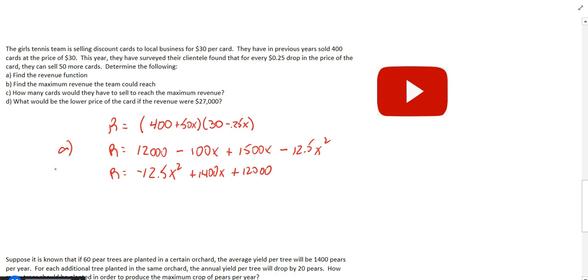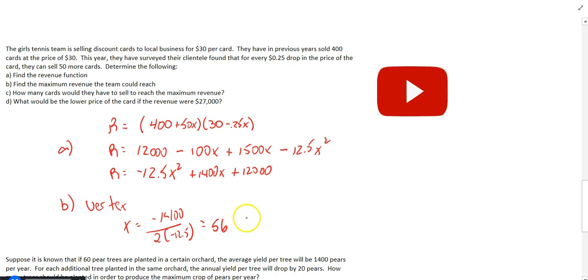Letter B says find the maximum. Well, a maximum is the vertex, so I need to find the vertex. So x is going to equal negative 1400 divided by 2 times negative 12.5. I'm going to reach for my calculator. Negative 1400 divided by negative 25, and I get 56. So x equals 56.